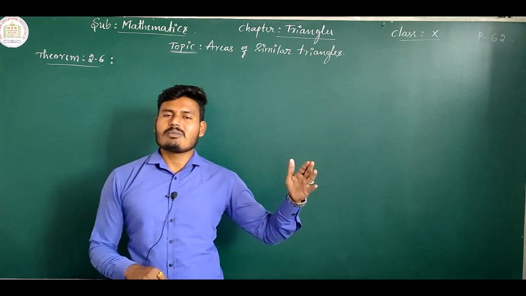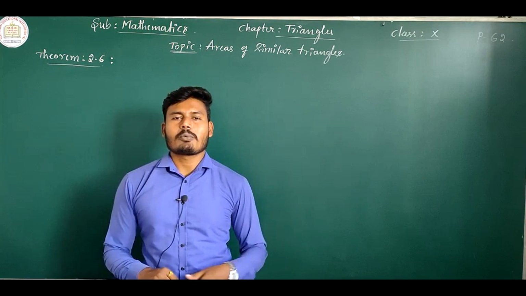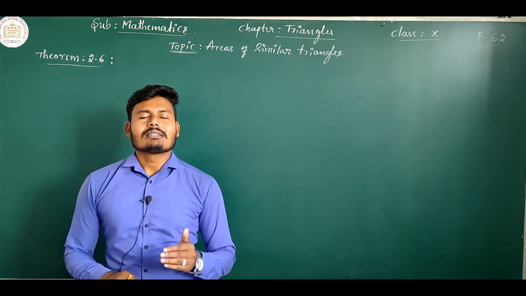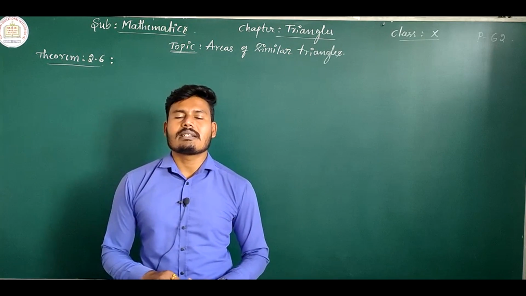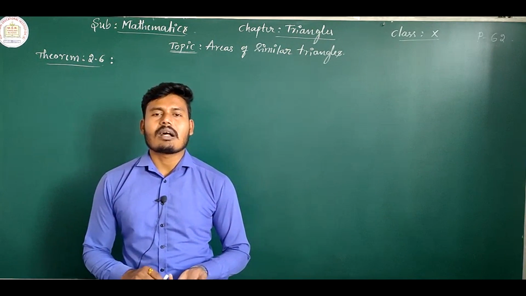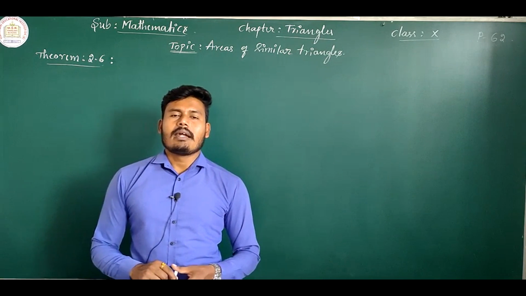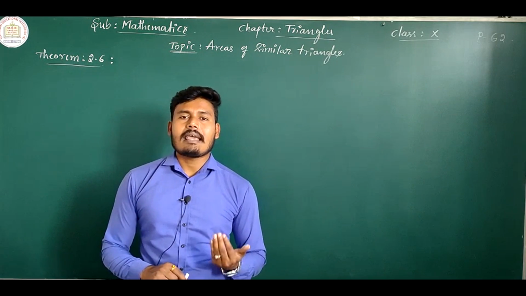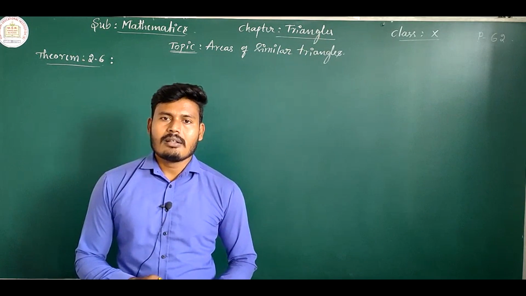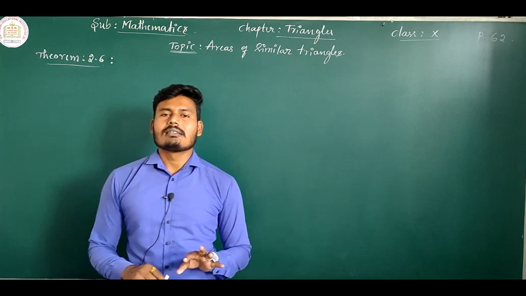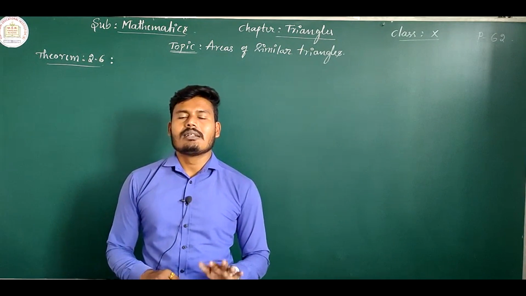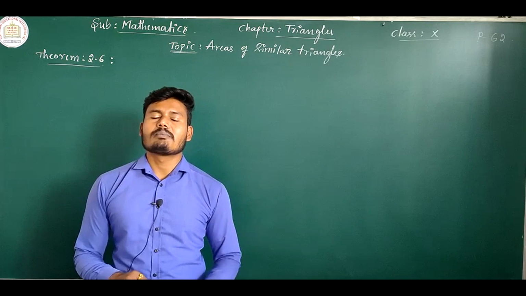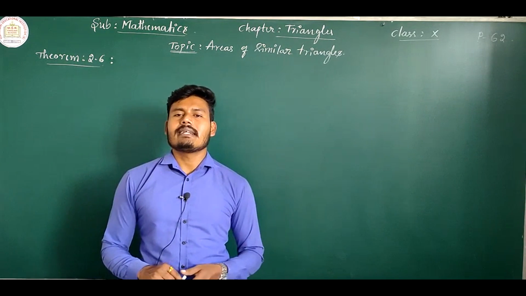Among those theorems, we completed the basic proportionality theorem, which may also be called Thales theorem, and the second one is the converse of the basic proportionality theorem, or converse of Thales theorem, and the third theorem is the AAA criterion, or AAA similarity criterion, which can also be considered as the angle similarity criterion.